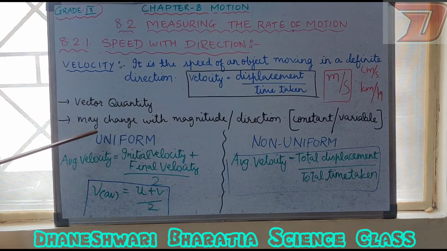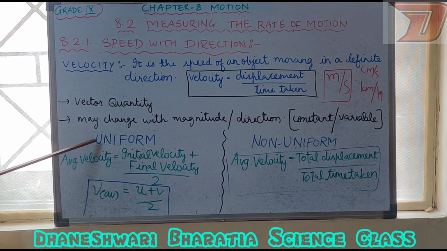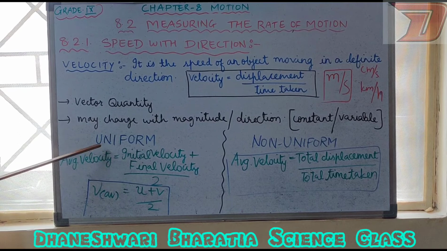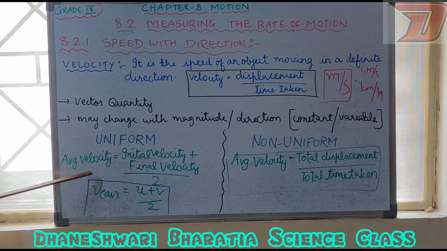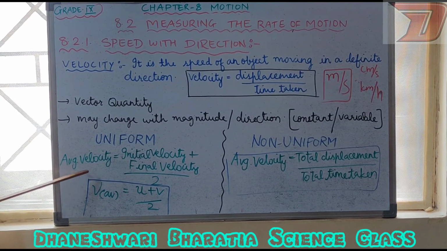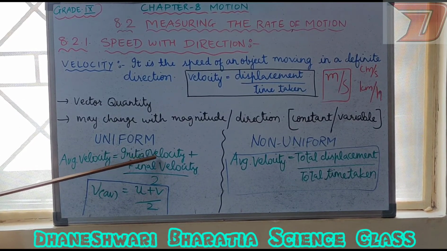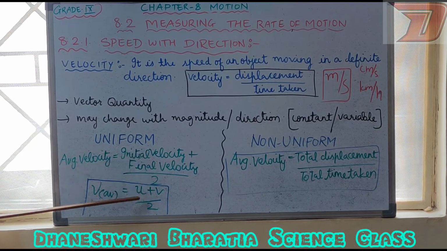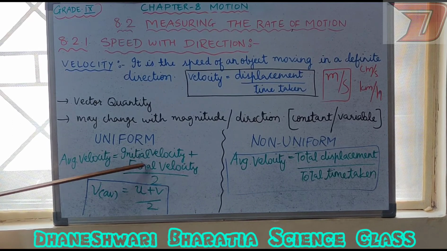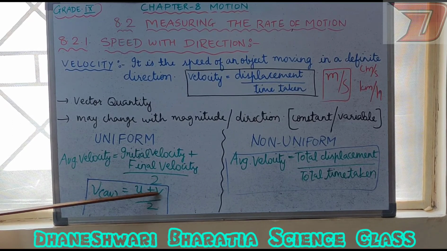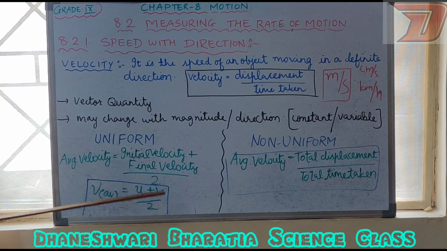Now if the motion is uniform and if you want to find the velocity of the particular object, then this formula is useful. Please remember this, it is extremely important to solve the numericals. Okay, average velocity is the initial velocity, that is the starting velocity, which is denoted by small u, plus final velocity, which is denoted by v, divided by 2.